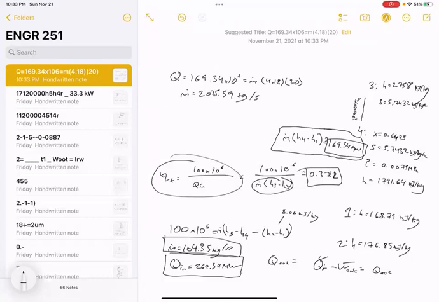Yeah, that's the answer. So it's a humongous amount of water. And of course, that's per second. They want per hour. So if we multiply by 3,600, we're getting something on the order of 7.29 million. Okay. And that's how we do a Rankine cycle question.